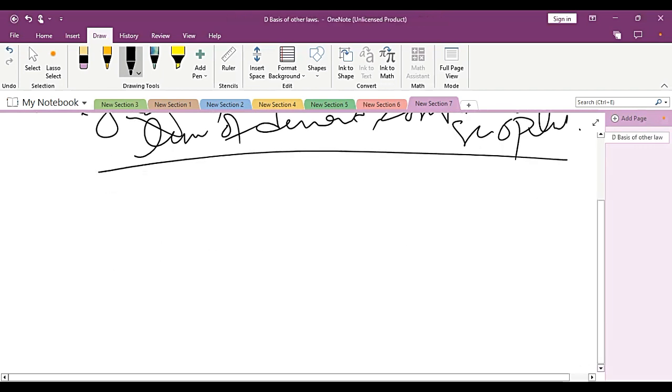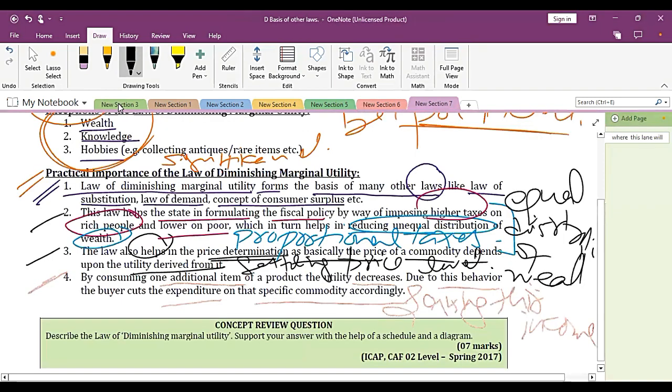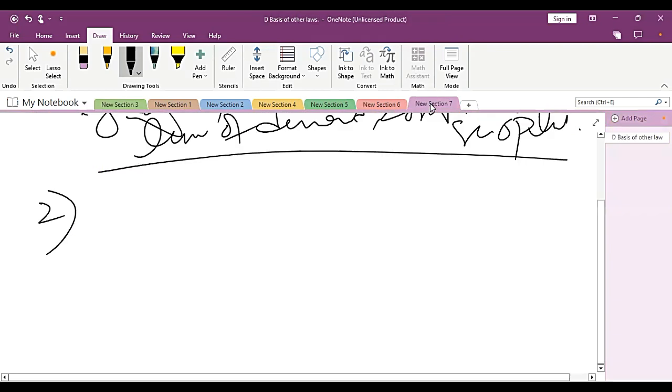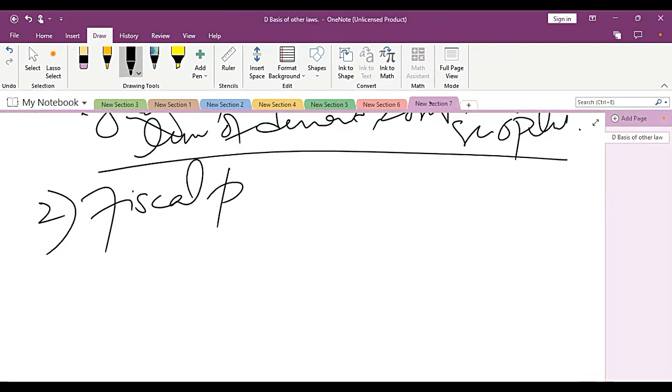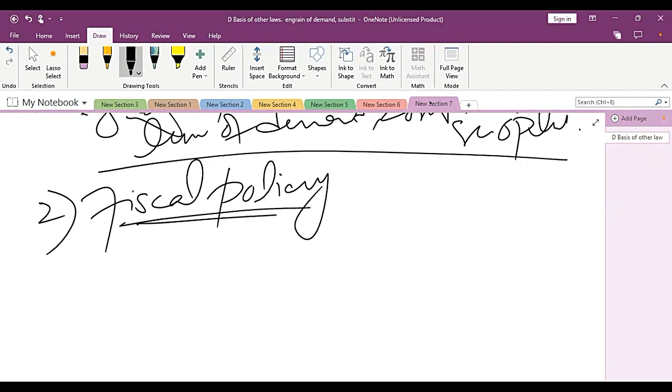The second benefit of this law is that it helps in making fiscal policies in a country.